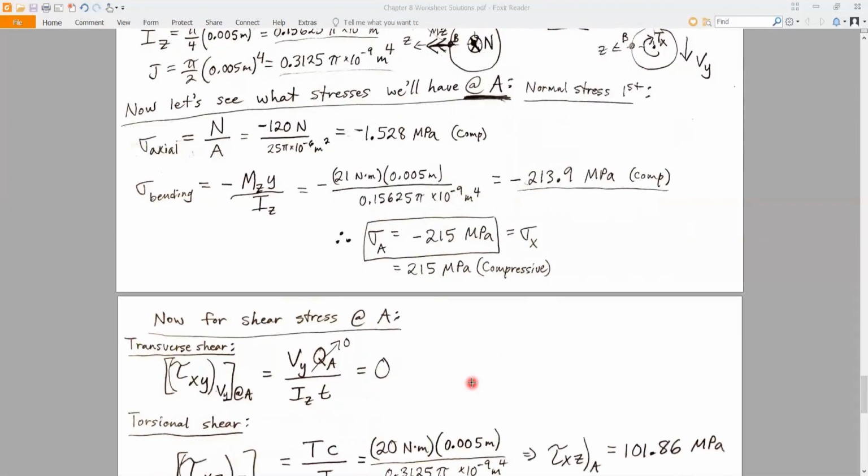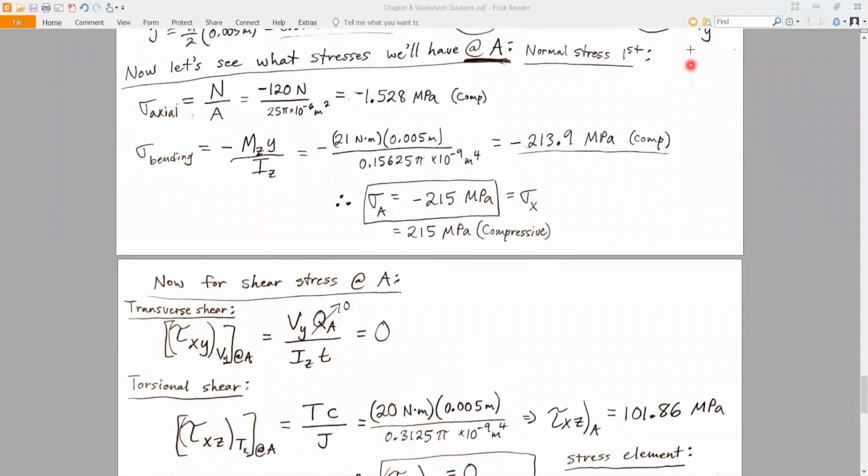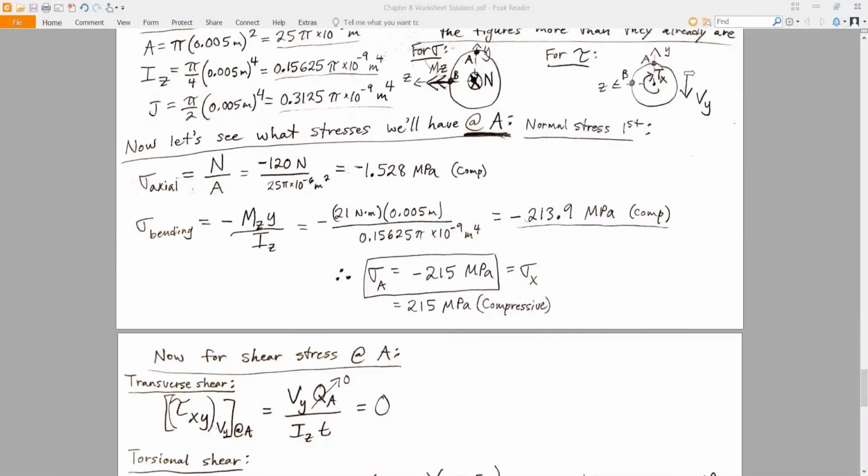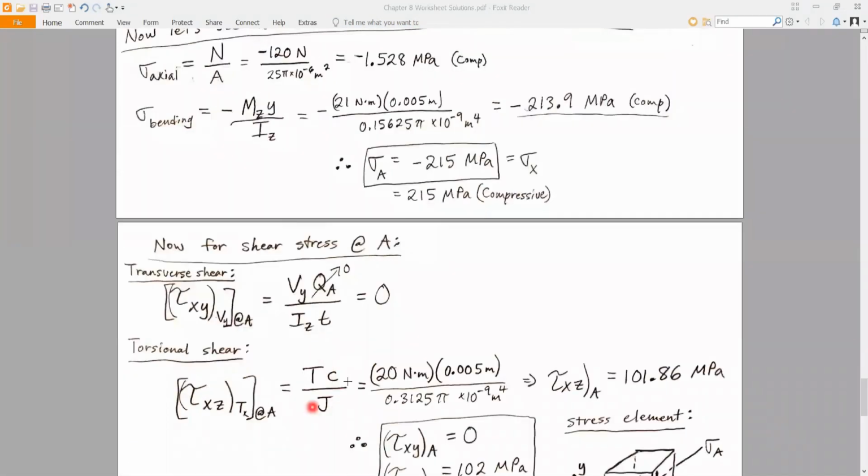Now though, for our torsional shear, I'm going to have to go back to our cross section here in a second. This is going to be a tau xz. So remember, if we draw our torsional shear at a point, the stress is going to be going in the direction of the torque. So at this point, it's going to be going the direction of this arrow here. We'll see how it's a little different at B, but we do have a torsional shear here. It's going to be maximum because we're at our outer surface, and we're going to follow our torsion formula, Tc over J, because we're at our outer surface.